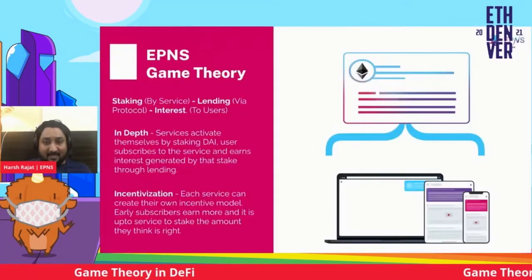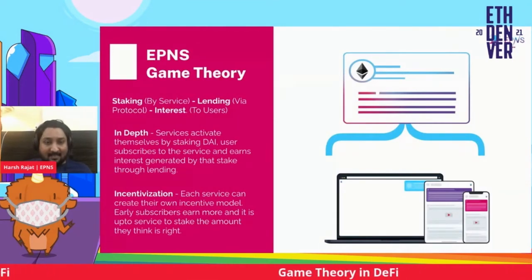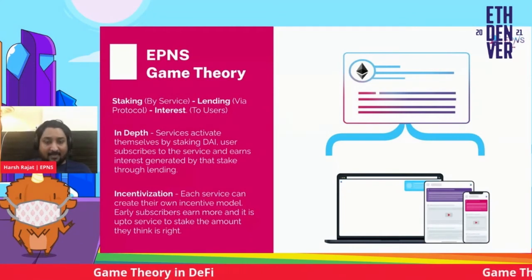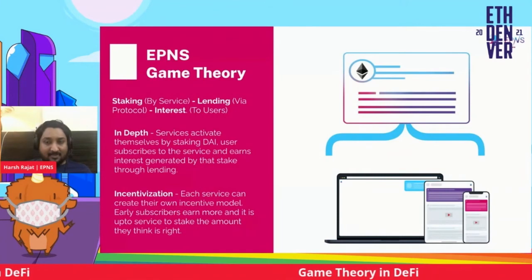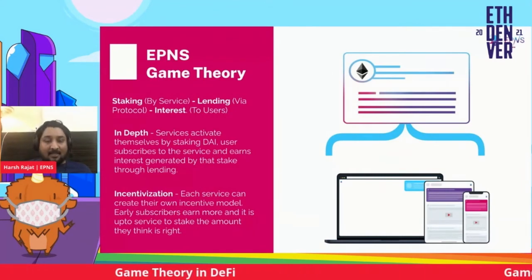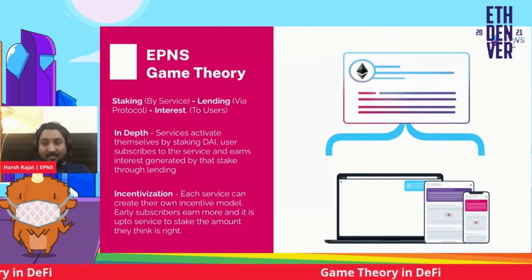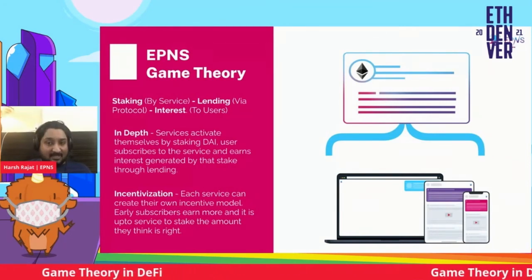The second thing we did was we made it incentivized, which is where the game theory and the DeFi aspect came in. We created a protocol, and we added a rule in this protocol that whatever service wants to send notifications out, they have to stake an amount of DAI into the protocol. Once they do that, we lend it out to a DeFi protocol called Aave, which means we are generating interest.